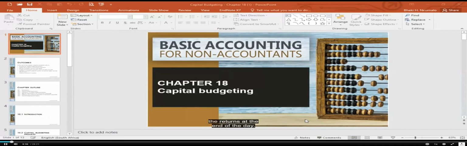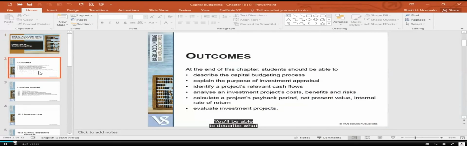In this chapter, you look at the outcomes of this chapter. You'll be able to describe what the capital budgeting process is, explain the purpose of investment appraisal, identify a project's relevant cash flows, analyze an investment project's cost, benefits, and risk.